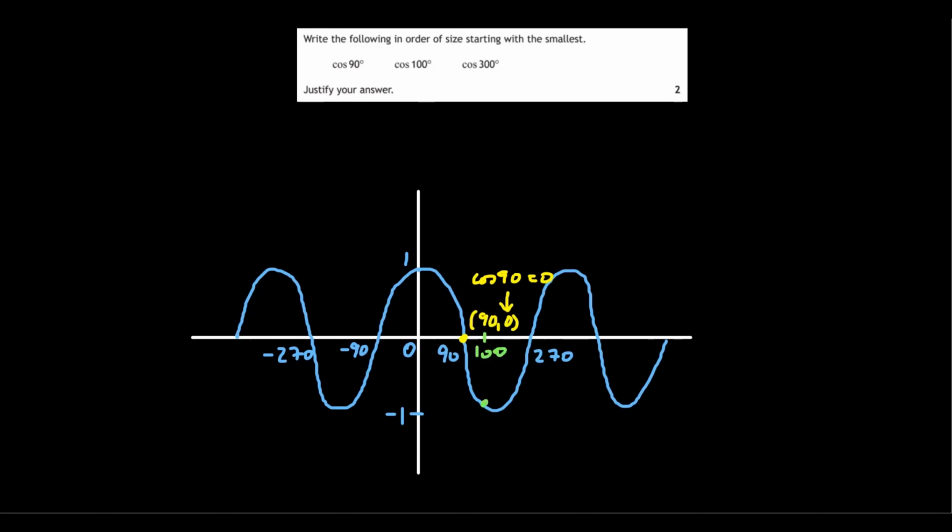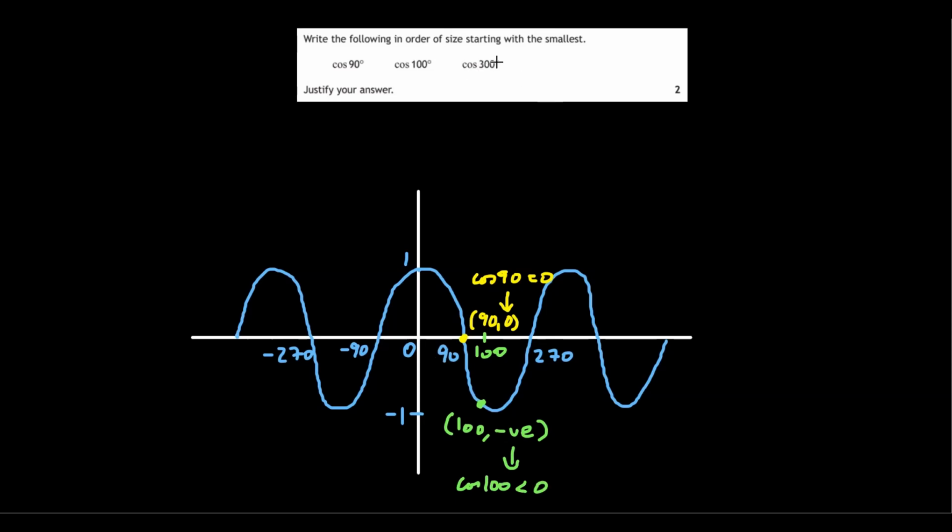So the point would be over here on the graph. And it's quite close to -1, but it's not actually -1. So all we can say is that it's negative. The y coordinate is negative. So we'll just write minus ve. That just means negative. So that tells us that cos 100 is less than 0.